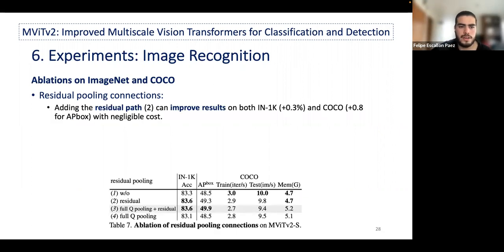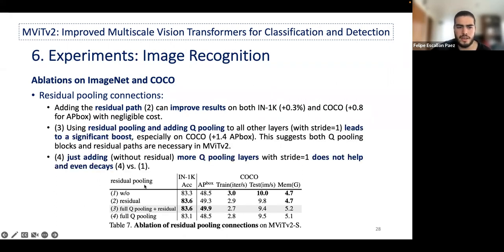So for the residual pooling connections, as I already mentioned, I did not include that table, but they did experiments in all three tensors and decided that the only one that gave them the smaller computational needs was doing the residual pooling in the query tensor.